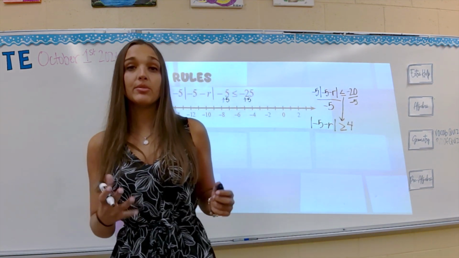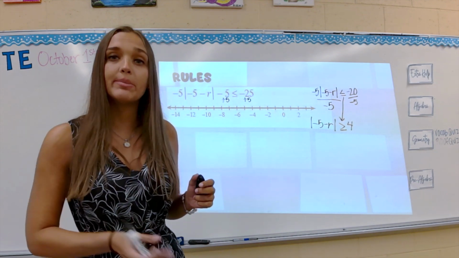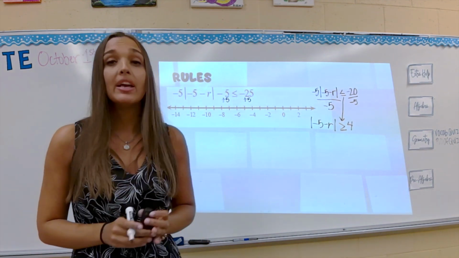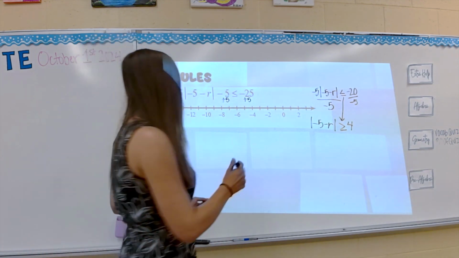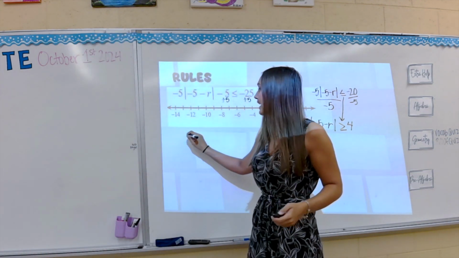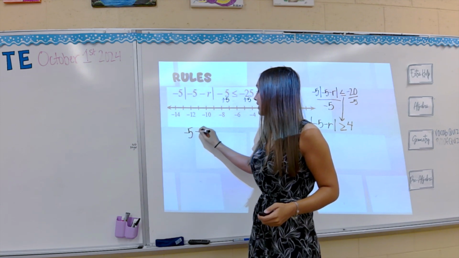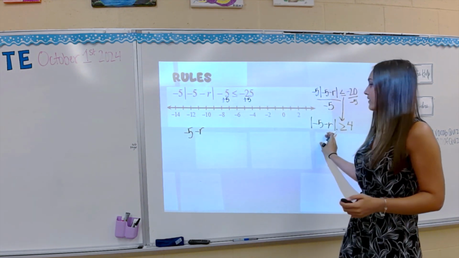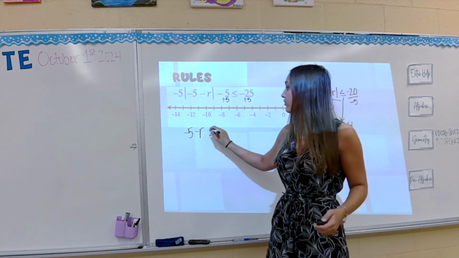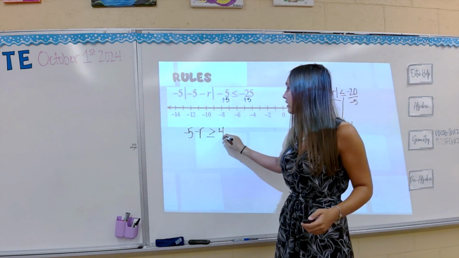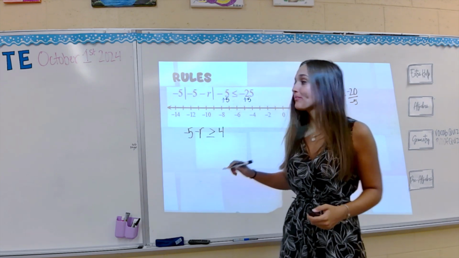Now I have my absolute value bars, my inequality symbol, and my constant on the right-hand side. This is where we continue, where I said we break up the equation. On one side I keep what's on the inside of the absolute value bars, negative 5 minus x, and I keep the inequality the same. It's greater than or equal to 4. And I'll solve this equation.